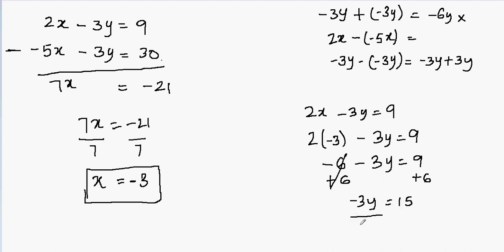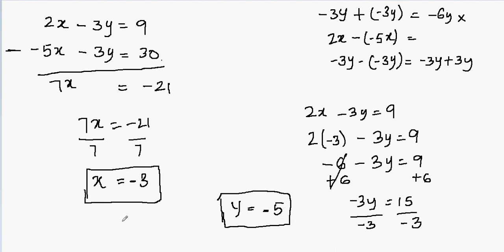Well, I can divide both sides of the equation by negative 3. Negative 3 and negative 3 will cancel out each other. I'm left with y on the left-hand side. On the right-hand side, I have 15 divided by negative 3. 15 divided by 3 will give me 5, and I will have the negative sign in front of it. So the value of y will be negative 5.